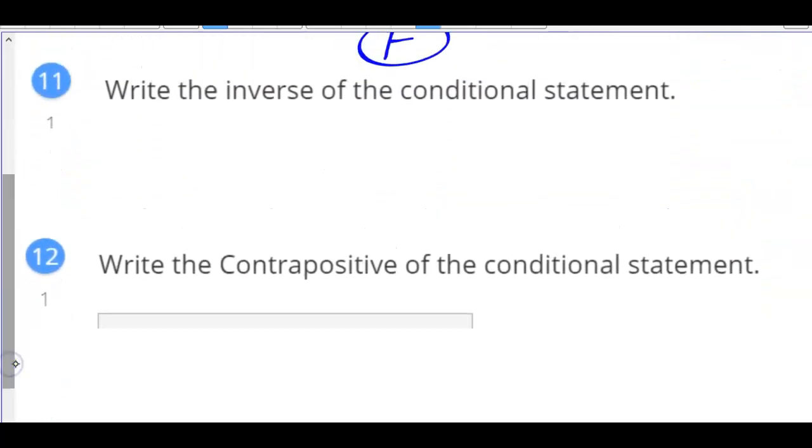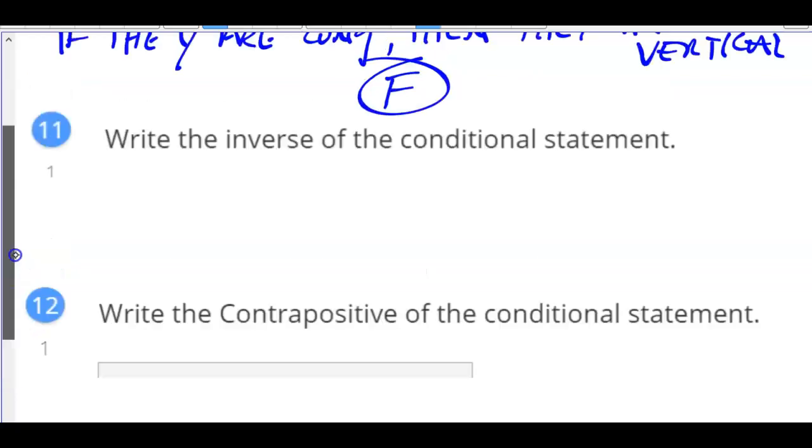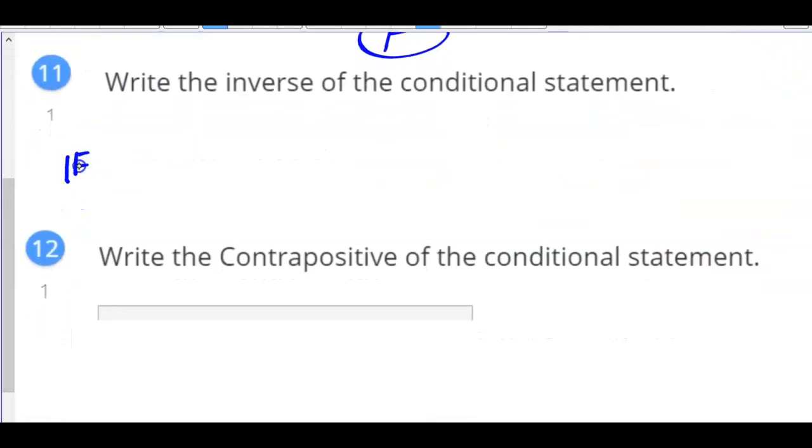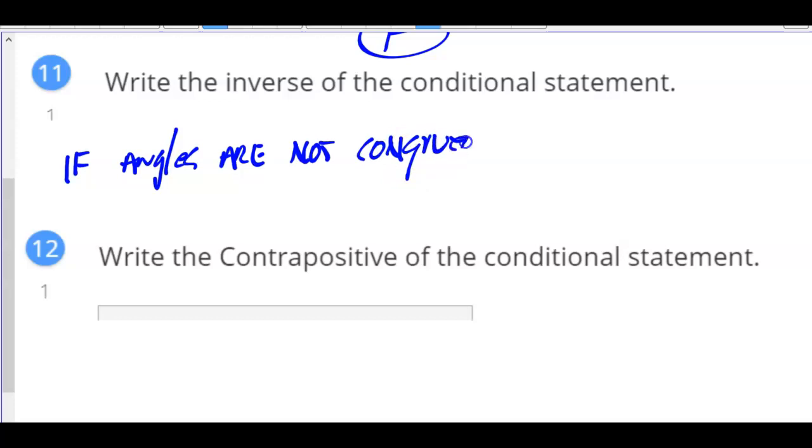All right, in fact, I'm not going to do the inverse and contrapositive. I'm hoping that's a skill you can look up in your notes. I'll just write it real quick. Sorry. Inverse is negate both. So if angles are not congruent, then they are not vertical.